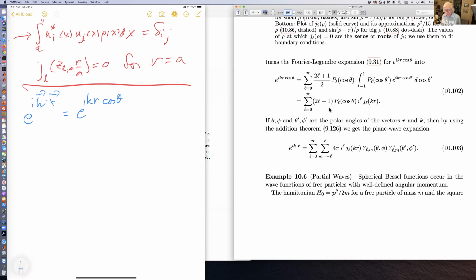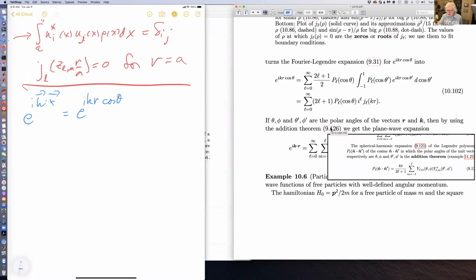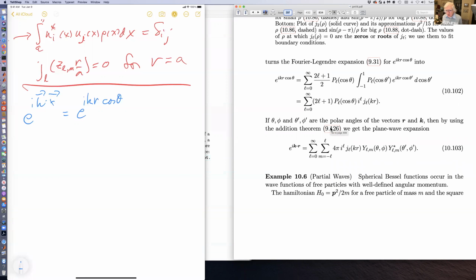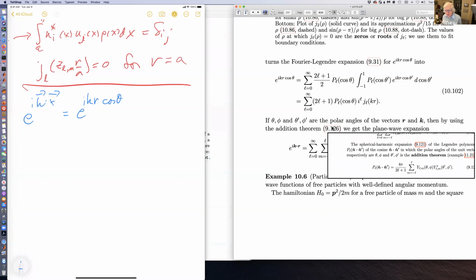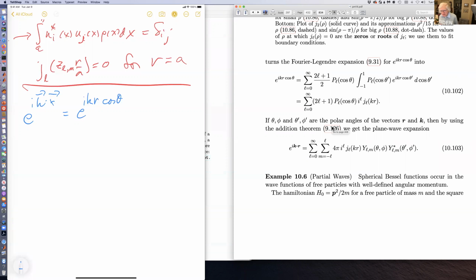Let's see, what I'm a little puzzled at is to, oh, we use the addition theorem. Okay, sorry. What we've done here is use the addition theorem for PL of cosine theta. The addition theorem is this. In other words, PL of n dot n prime is a sum of the spherical harmonics, which we saw at the end of the last chapter.